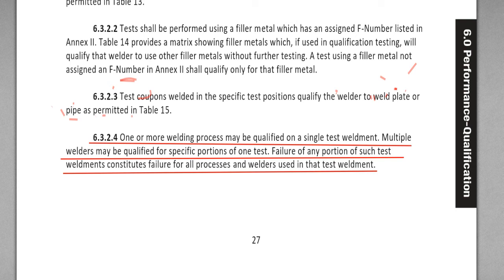One or more welding processes may be qualified on a single test weldment. Multiple welders may be qualified for a specific portion of the test. Failure of any portion of such test weldment constitutes a failure for all processes and welders used in that test weldment.